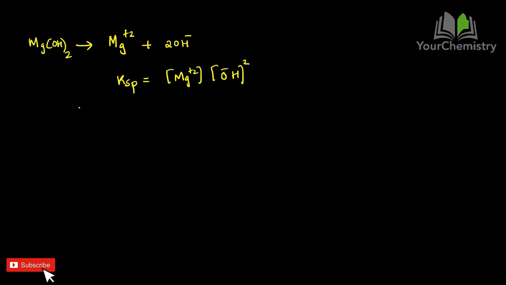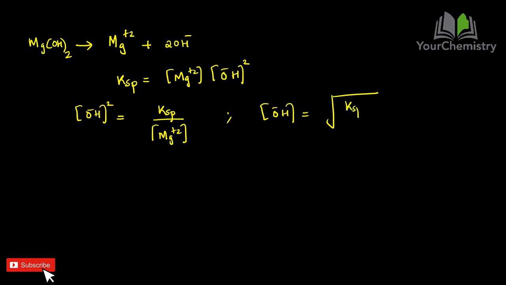Or at the saturated condition I can write the concentration of OH minus square will be equal to Ksp by concentration of magnesium plus 2, or concentration of OH minus is equal to square root of Ksp divided by concentration of magnesium plus 2.